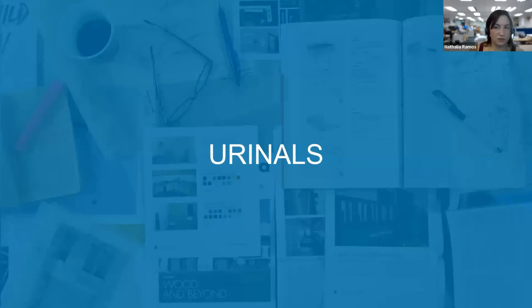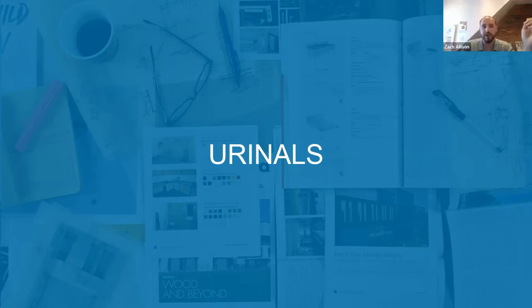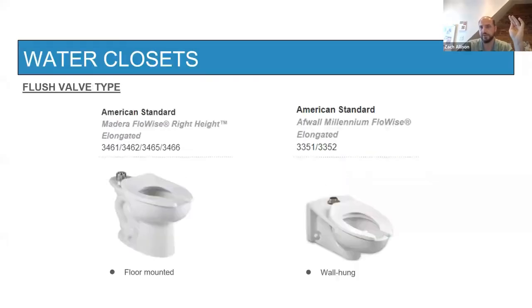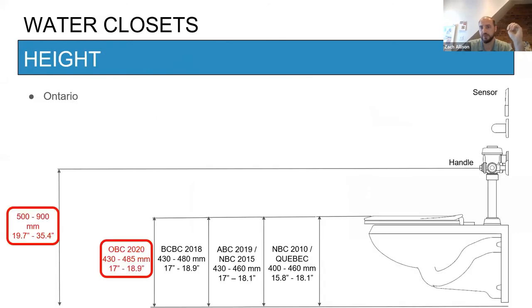Any other questions on the water closets before we jump into the urinals? Oh, another question did just come in. I believe it's on the height. So is it the height from the seat cover or the toilet seat itself? I believe the measurement would be from the toilet seat itself with the lid open. Yeah, so we'll update the image there.